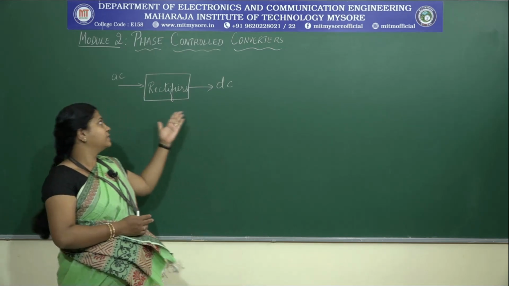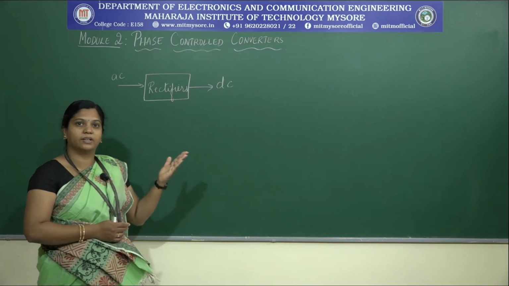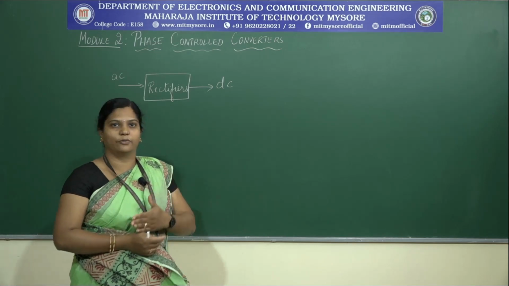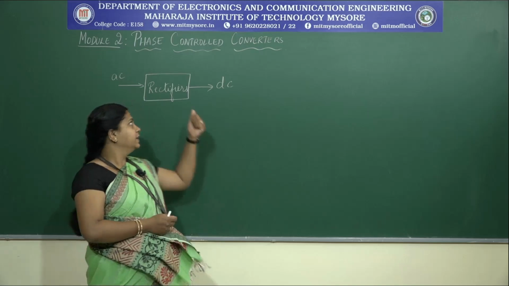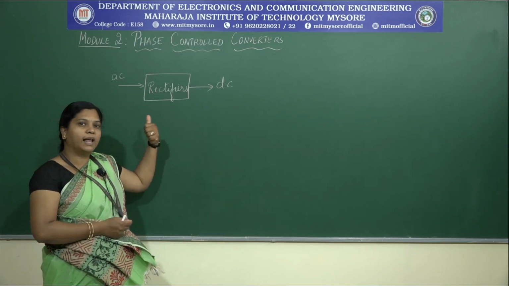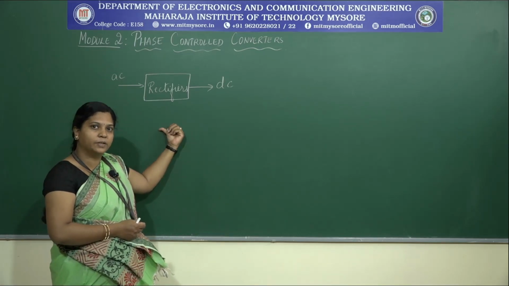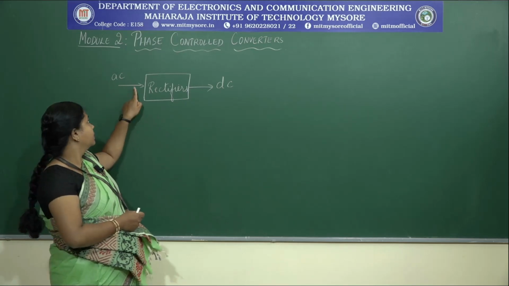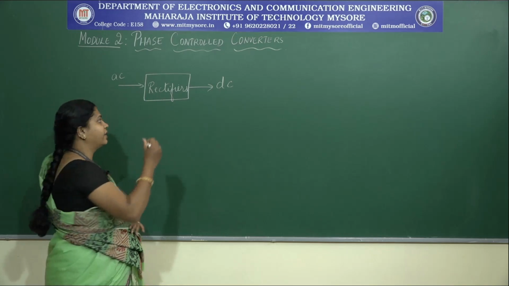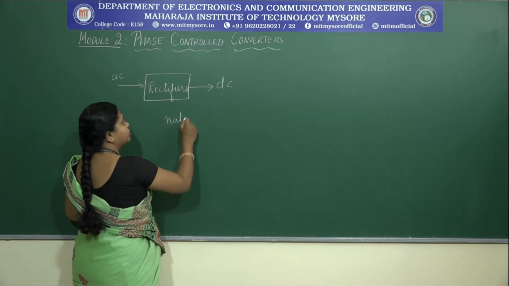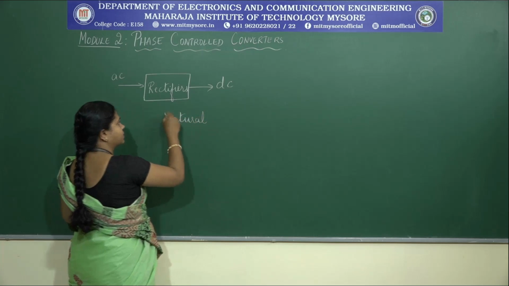Why? Because here in case of rectifiers, the process of turning off, that is, we have already discussed the commutation process. In case of rectifiers, what will happen to the commutation? What type of commutation is it? Since the input is an AC, the rectifiers always follow a natural commutation process.